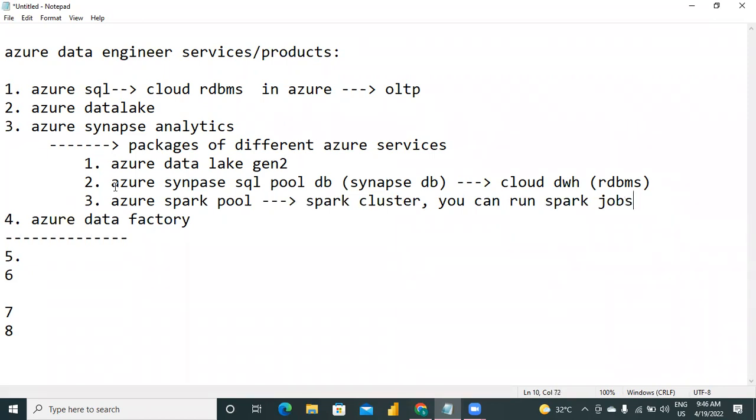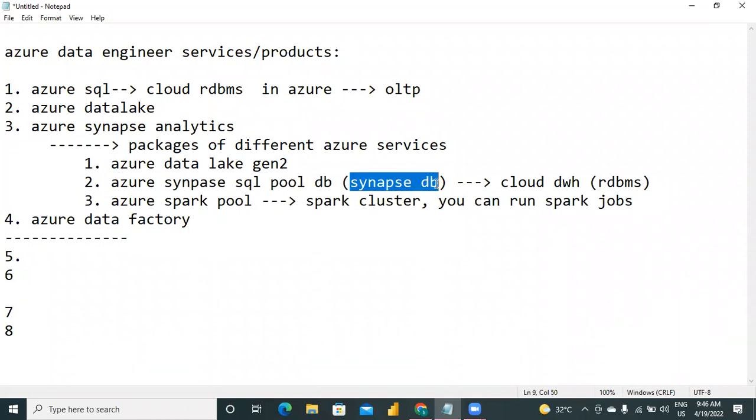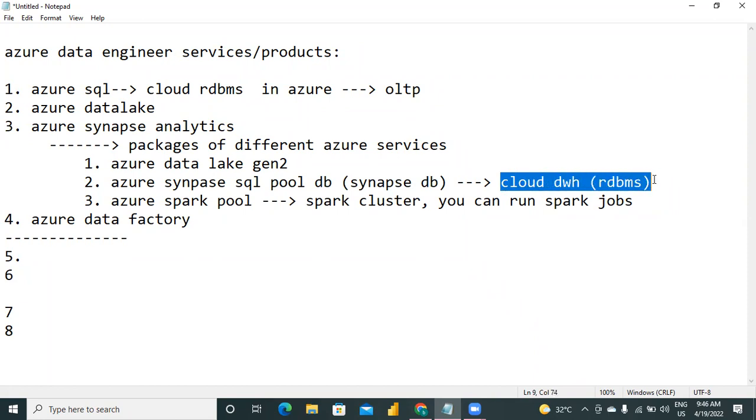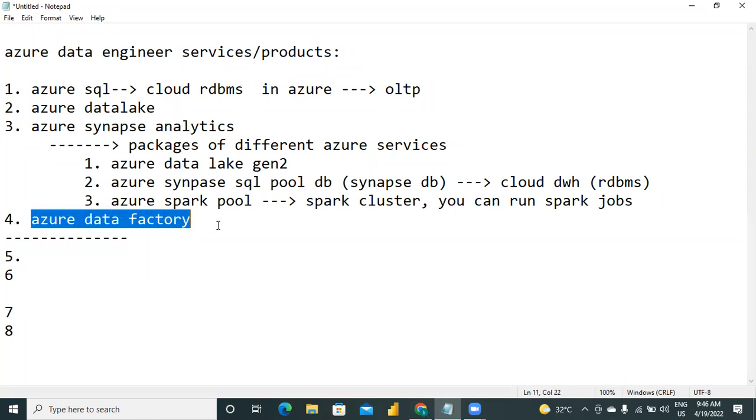So mainly here, Synapse SQL Pool DB, simply called Synapse DB, is a cloud data warehouse, category RDBMS. About Spark and everything, later we will discuss. If I perform a transaction, my transaction is recorded into OLTP systems. But how to bring that OLTP systems data into this data lake or Synapse DB? By using Azure Data Factory.